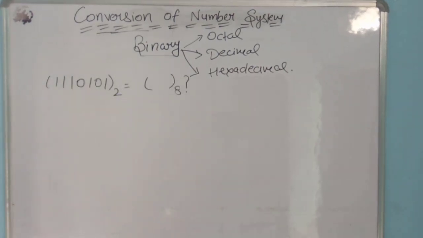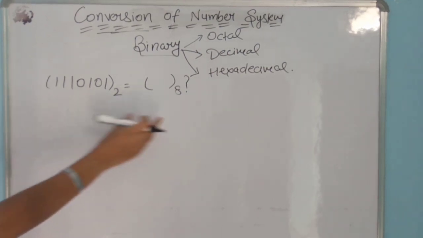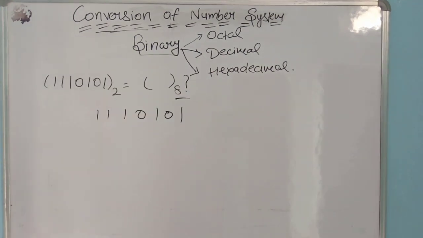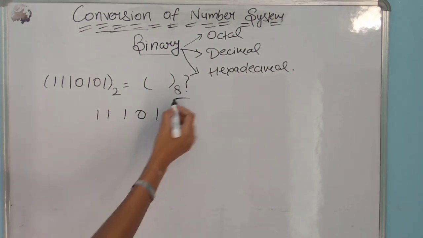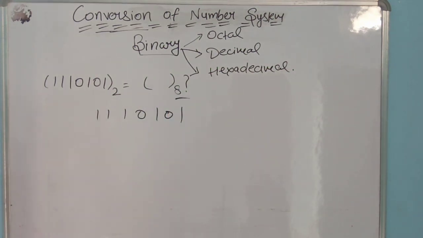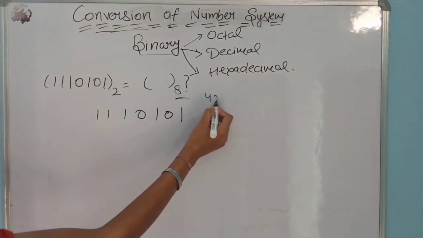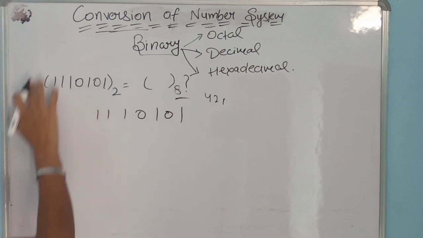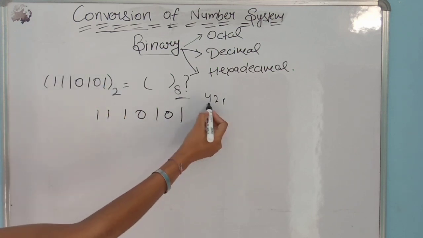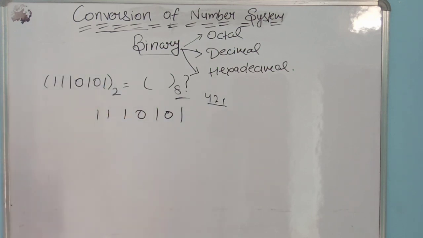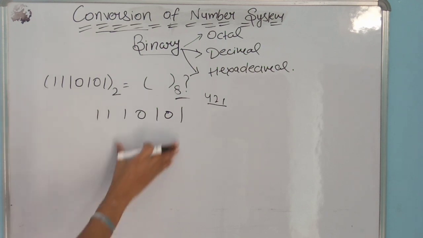Suppose this is a binary number and we want to convert it into octal. In the previous video we learned about the 3-digit number used for octal numbers. So now that method is inserted from here. So 4 2 1 code is used for each group. And 4 2 1 code is applied from the right side of the number.